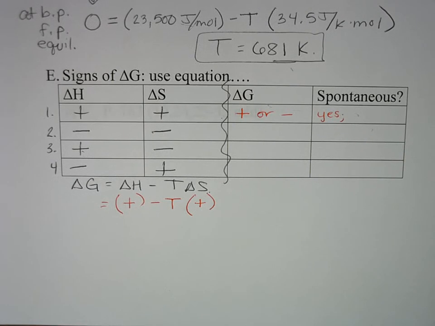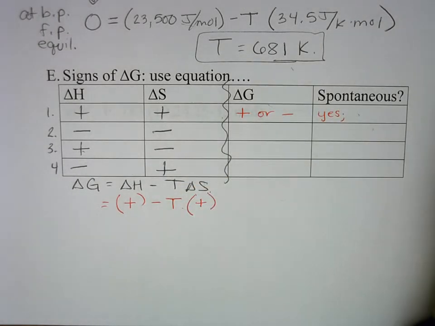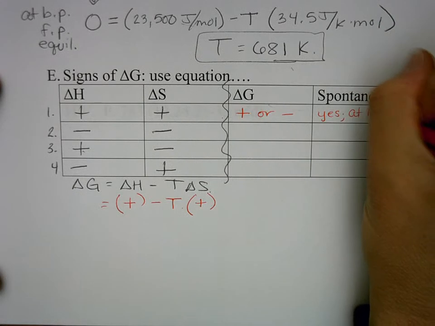Big, right? A regular number minus a bigger number gives me a negative answer. So the temperature would have to be big. So the question, is this spontaneous? It would be yes at high temperatures.